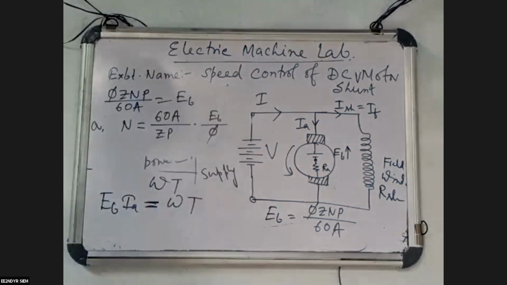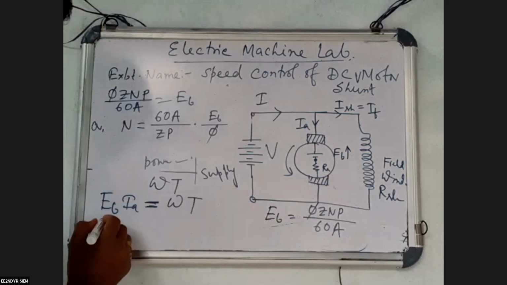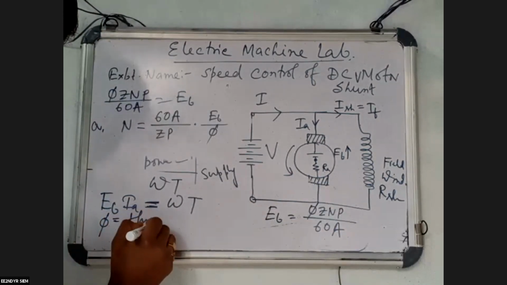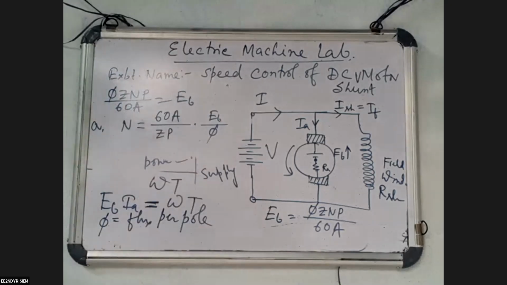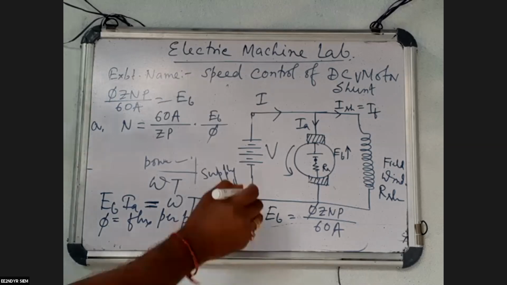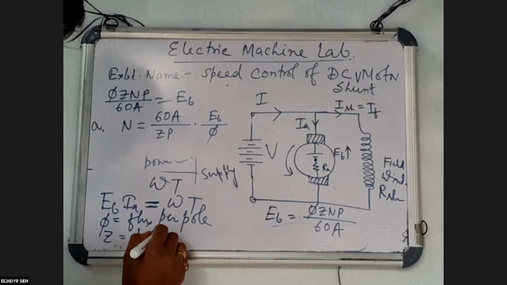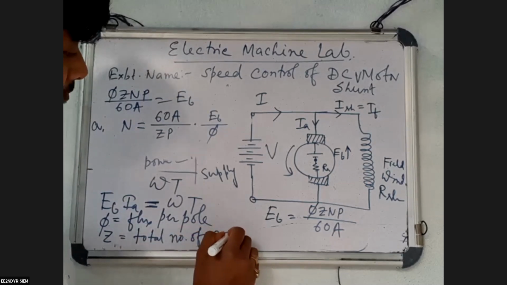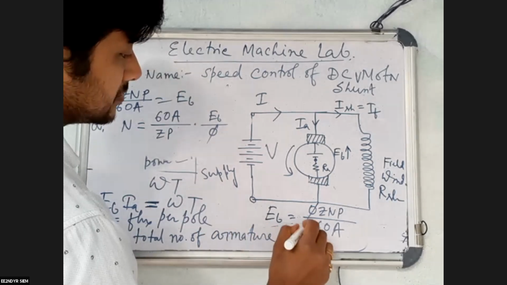Let me tell you one thing. In this particular equation, this φ denotes the flux per pole. Z denotes the total number of armature conductors.